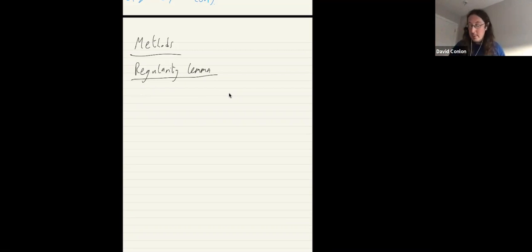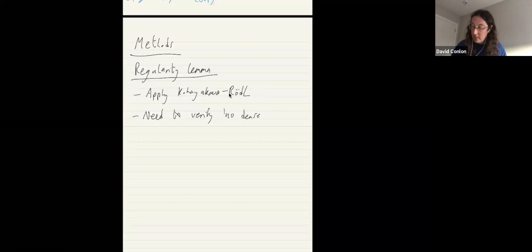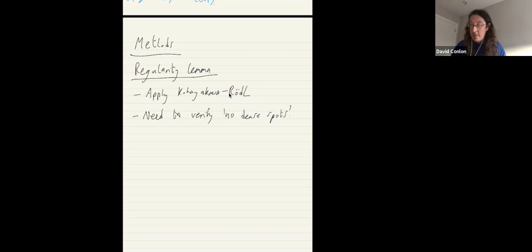And if one used the sparse regularity lemma, then basically you just apply Kohayakawa–Rödl, which is totally fine, except in order to apply it, you need to verify this no dense spots condition. And that takes a little bit of work. But basically you can show that having few C4s is enough to imply that no dense spots condition. So it comes out fairly naturally. The second part is a counting lemma.